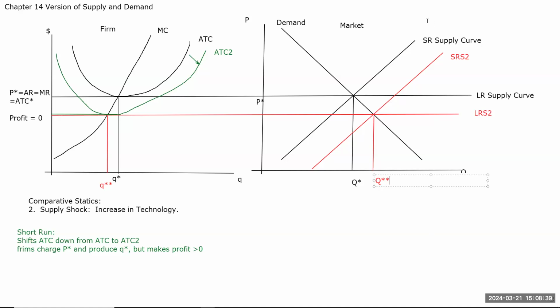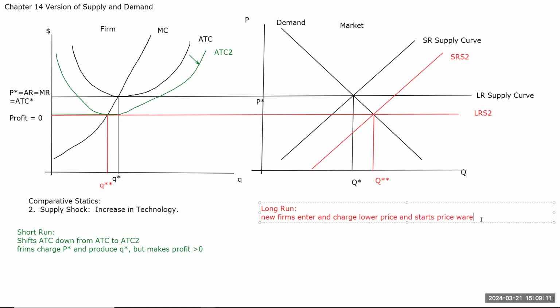So in the long run, what happens is the following. New firms enter and charge a lower price and start a price war.